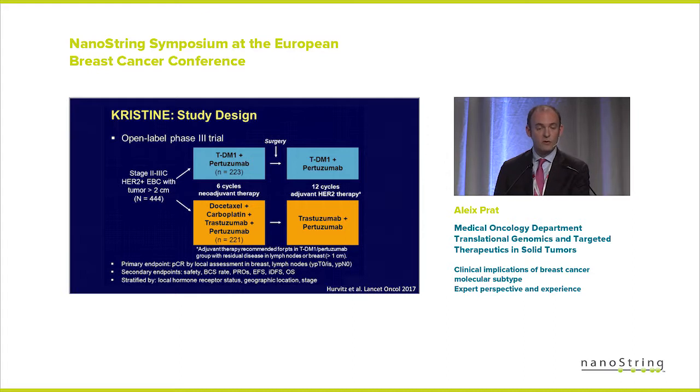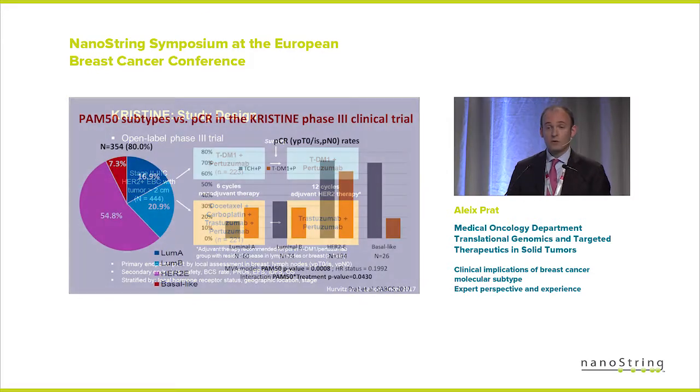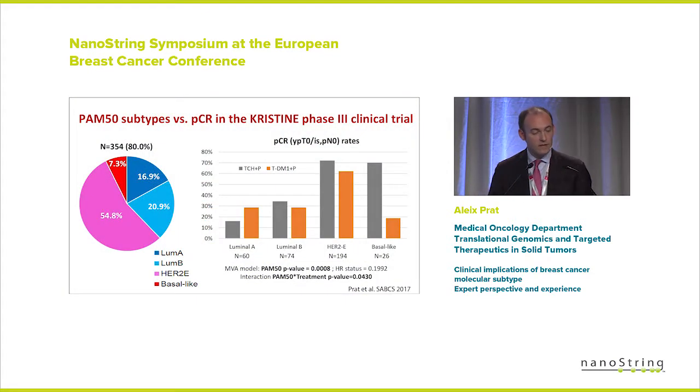Patients then underwent surgery, and they continued with the treatment afterwards. In Lancet Oncology last year, Sara Hurvitz reported the data at surgery, so the pCR data. So thanks to a collaboration, in this case with Roche and Genentech, we were able to profile 80% of the samples, the baseline samples from this trial, 354 samples.